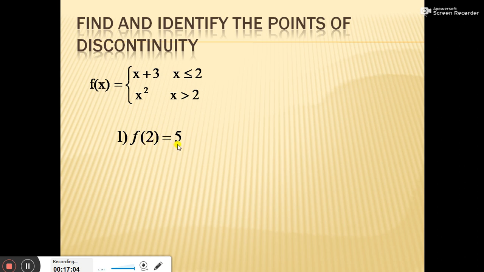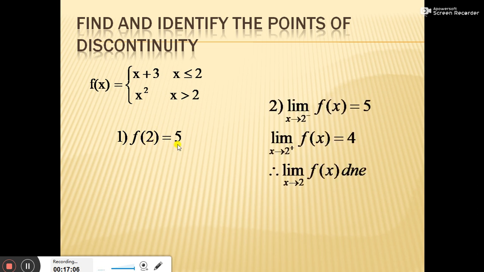f(2) is equal to 5. The left hand limit, as x tends to 2 from the negative side of f(x), we have the function x plus 3 and therefore its value is 5. And the right hand limit, as x tends to 2 from the positive side of f(x), is equal to 4. Both are not equal.